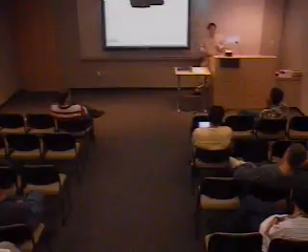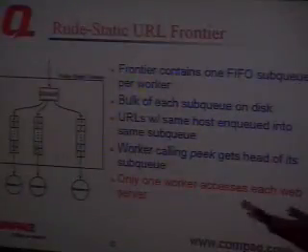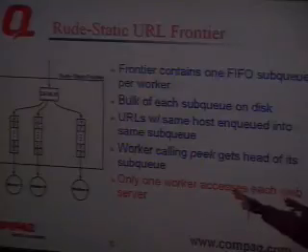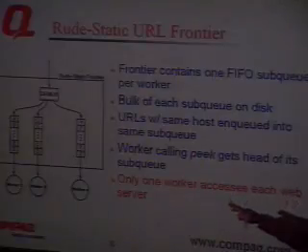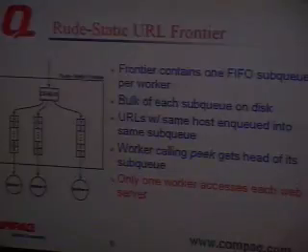I mean, you could assume a Unix system and then do a top, but we didn't. 500 seems to be a good number. Also, you will see from the design, it's actually very hard to change this number later on the fly. It requires a rewriting of the entire frontier once the crawl has been started.